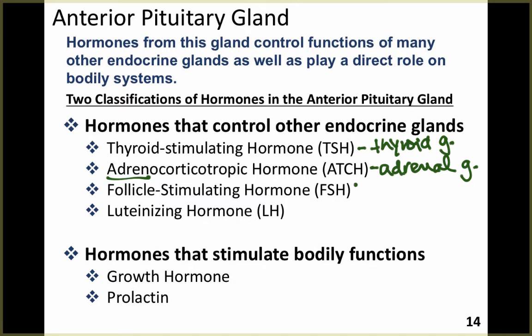Hopefully you said something in regards to the ovaries and the testes. So it helps with the development of the follicles and the ovaries. So hopefully you realize ovaries are for females. And that it stimulates the production of sperm in the testes. And that's of male.